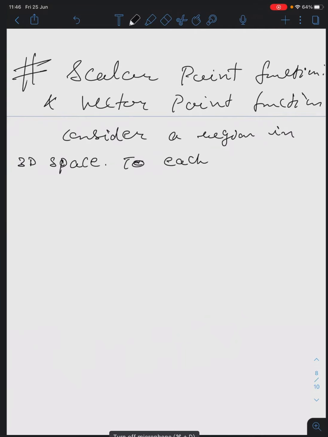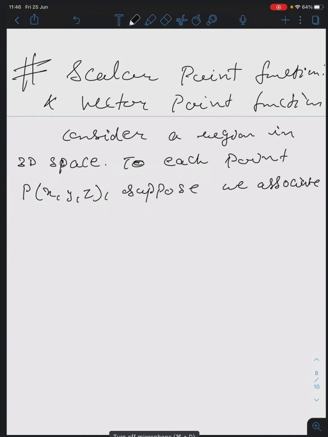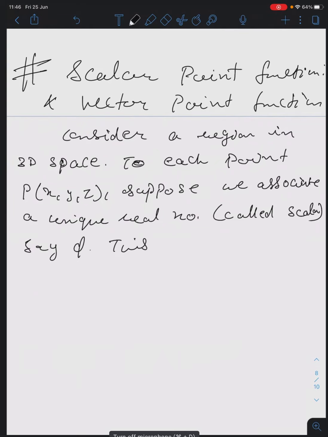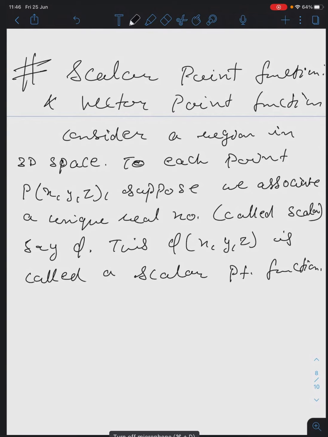Now to each point, let me write the point as x, y, z, suppose we associate a unique real number, which is a scalar, of course, and suppose we say it as φ, then this φ of x, y, z is called a scalar point function defined on the region.